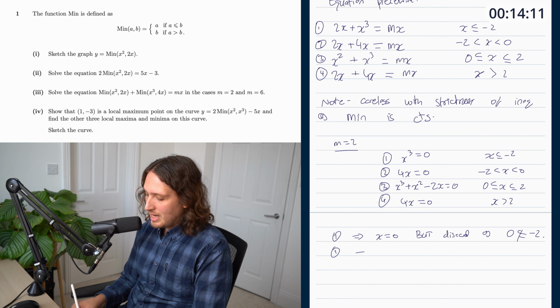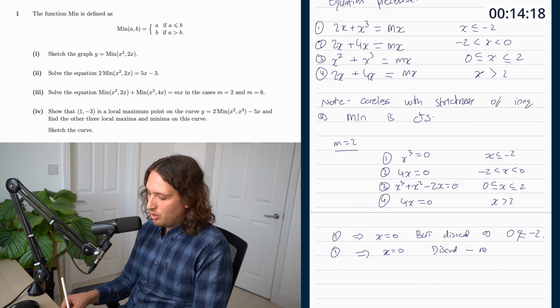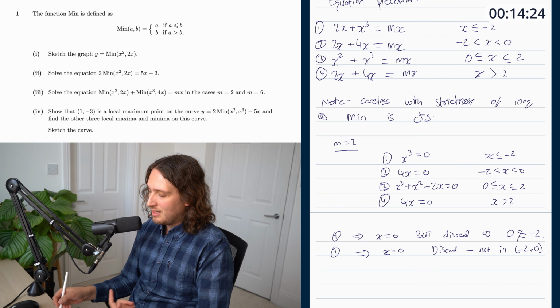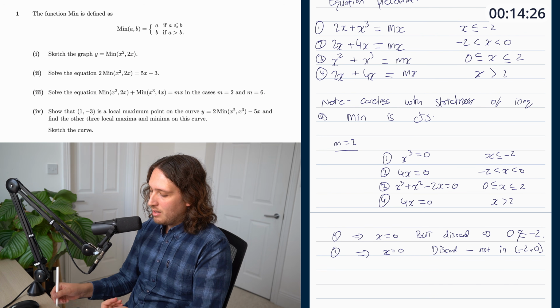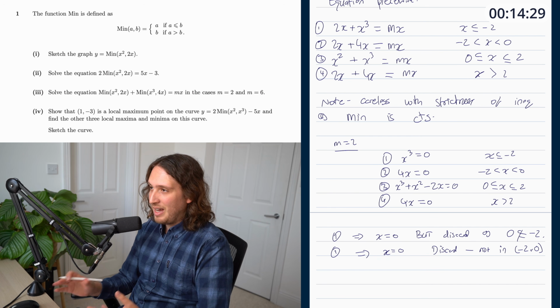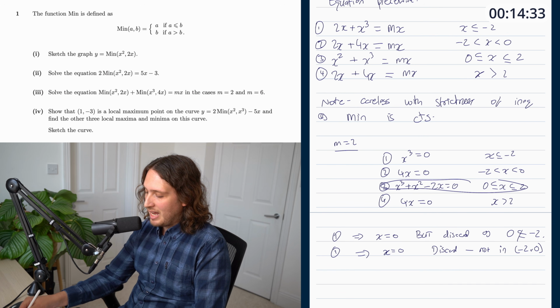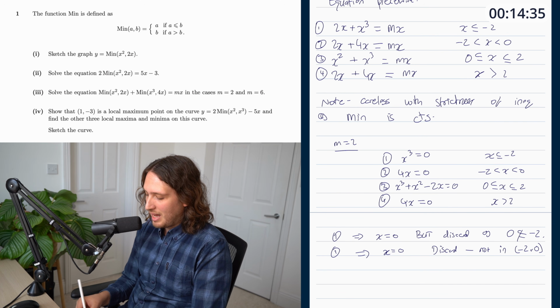The second case tells me that x equals 0, but I'm going to discard it as it's not in the strict interval minus 2 to 0. So it almost is, but for this one I wrote it as strict, so I'm not going to allow that 0, although based on the fact we said that the strictness and non-strictness wouldn't make a difference, I'm expecting that x equals 0 is going to reappear for case 3.